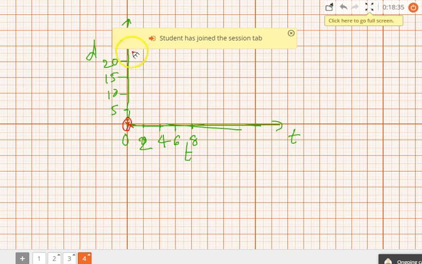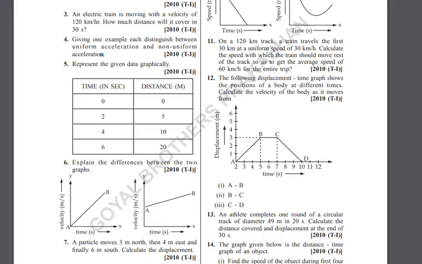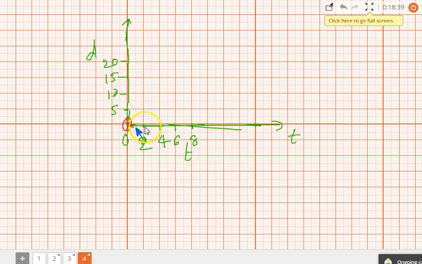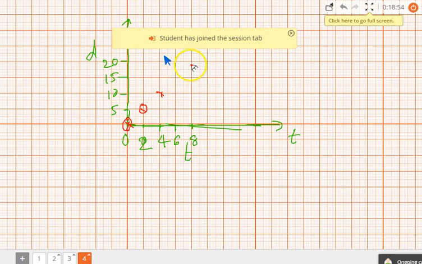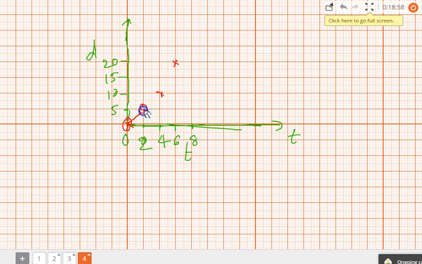If it is 2, that is 5, this point. 4, 10. 6, 20, or 8, 20? It's 4, 10. 6, 20, which means over here. So it increases, this is the way.